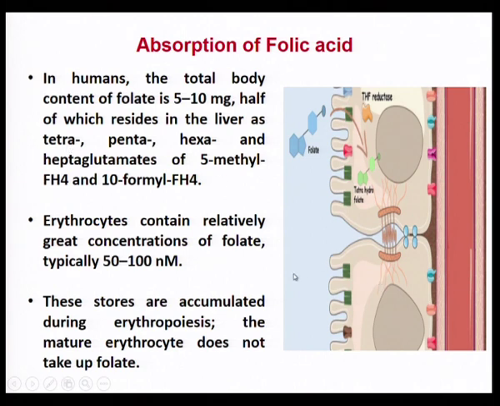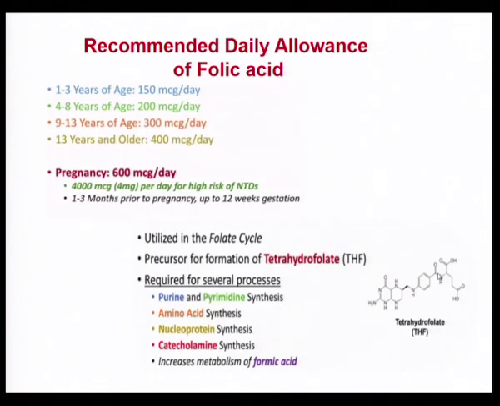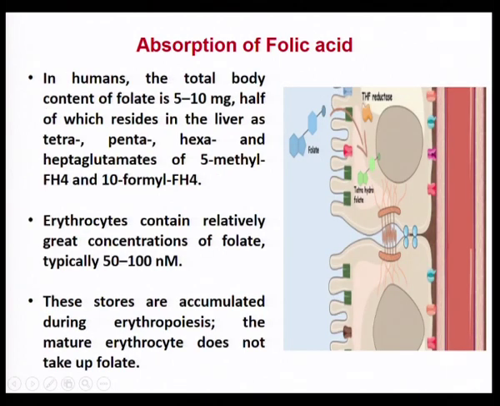The last ring in folic acid, if you recollect, is the glutamic acid ring, so you have polyglutamic acid residues. That's what is mentioned here as tetra, penta, hexa, hepta, up to 7, of 5-methyl tetrahydrofolate and 10-formyl tetrahydrofolate. So this is how the liver stores or utilizes folic acid.